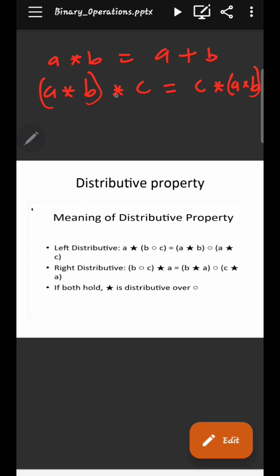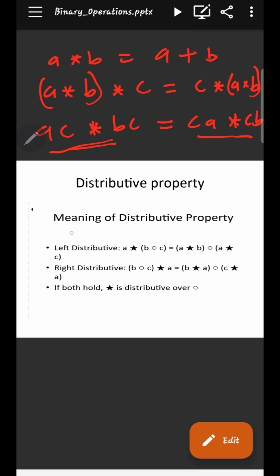What this means is when you open this bracket, you are going to have something like this: AC operation BC. So it must be equal to CA operation CB. If these two sides, the results that we get, are equal, then we say it is distributive.